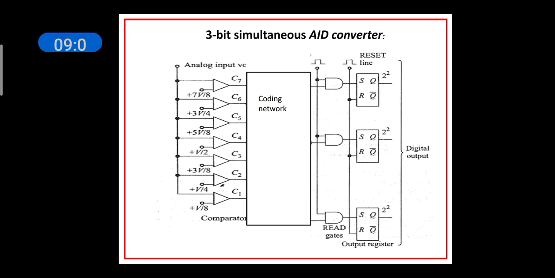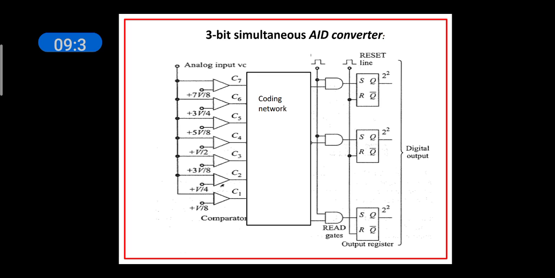Whenever the analog input voltage is greater than 2V by 8 or V by 4 and less than 3V by 8, C1 and C2 will be 1, other outputs will be 0. Whenever the analog input voltage is greater than 3V by 8 but less than 4V by 8 or plus V by 2, C1, C2, C3 will be 1 and other outputs will be 0.